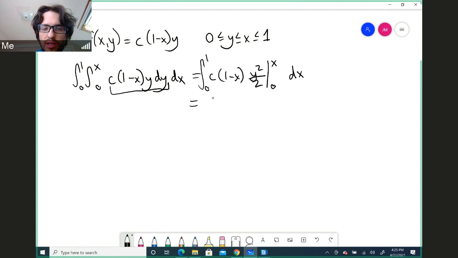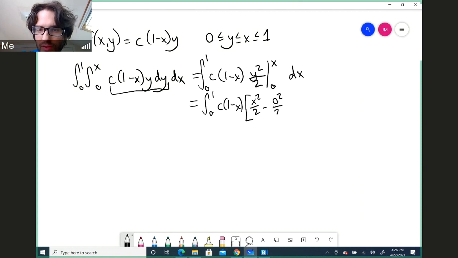So with the outer limits here, c times 1 minus x is fine, and plugging in the limits we have x squared over 2 minus 0 squared over 2, and of course dx. 0 squared over 2 goes away, so we're just left with c times 1 minus x times x squared over 2 dx.